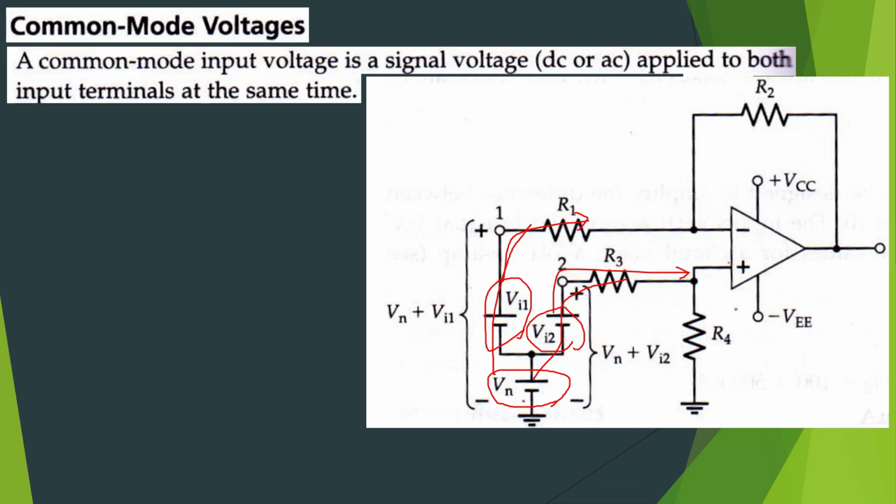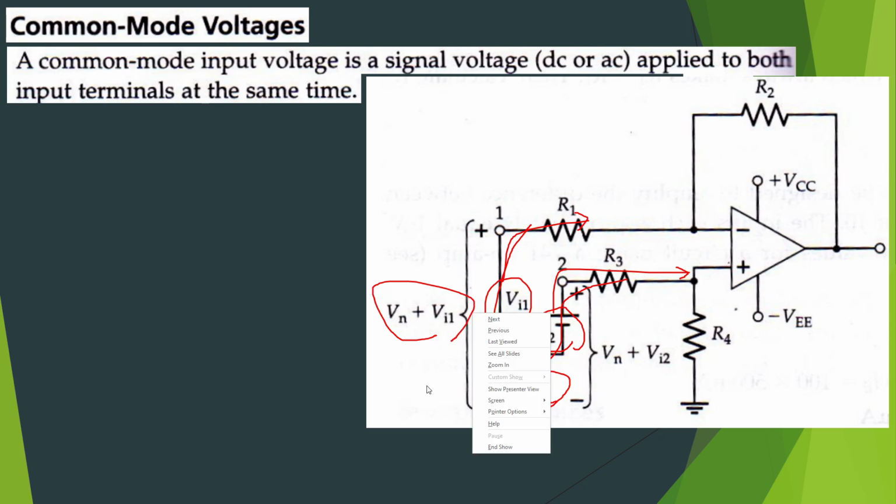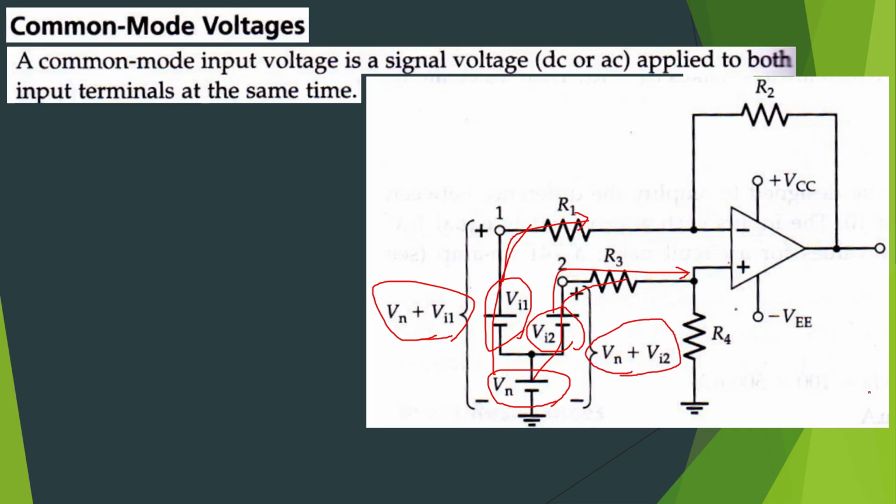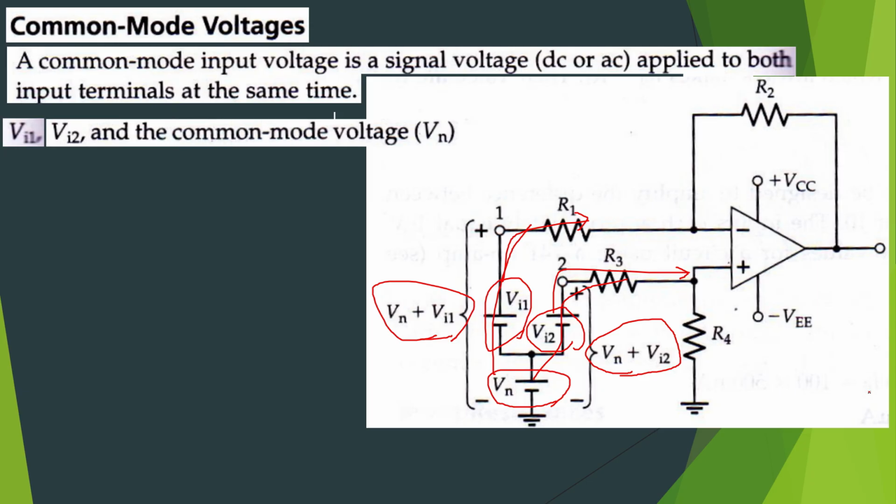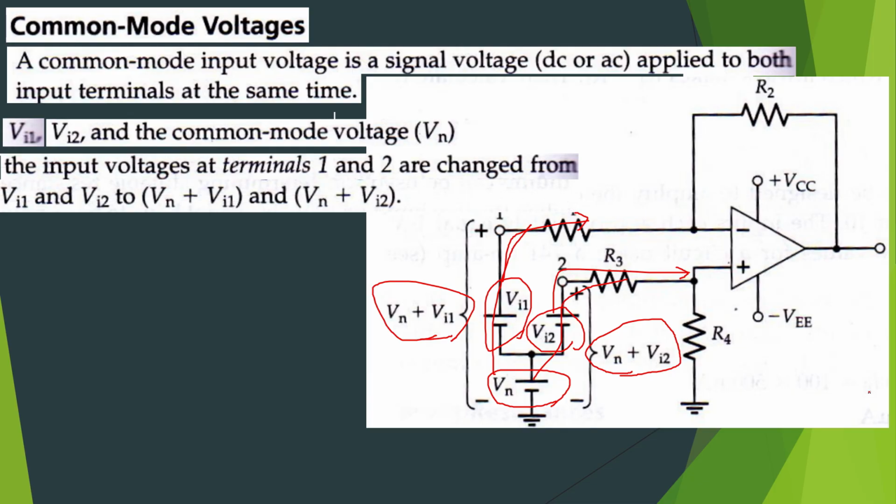Therefore this noise signal adds with both the inputs, and the effective inputs are the noise signal, that is Vn or common signal, Vn plus VI1. Similarly, Vn plus VI2. VI1 is the input signal, VI2 the other input, and the common mode voltage is Vn, which is usually a noise voltage.